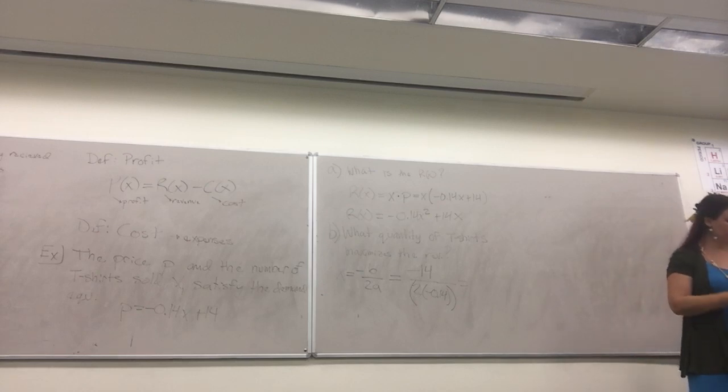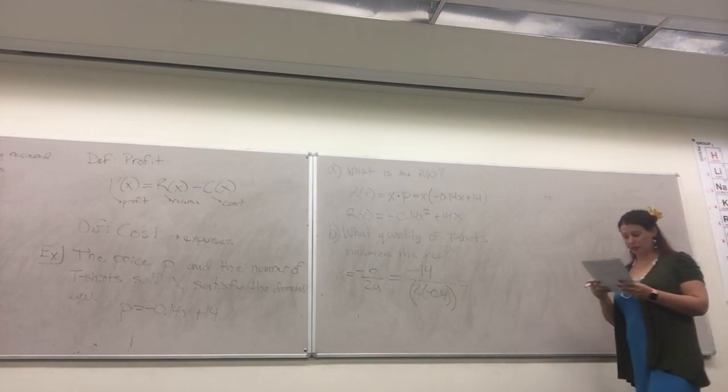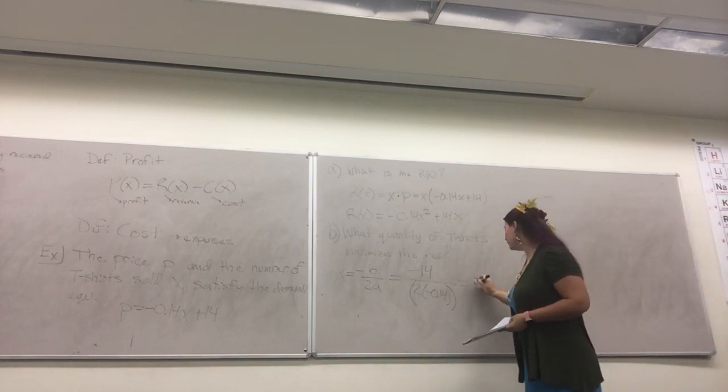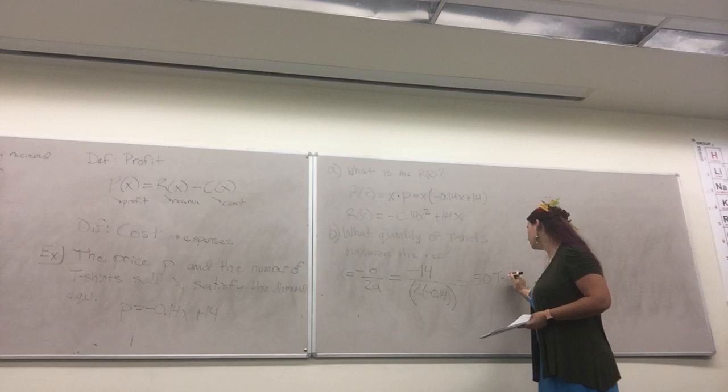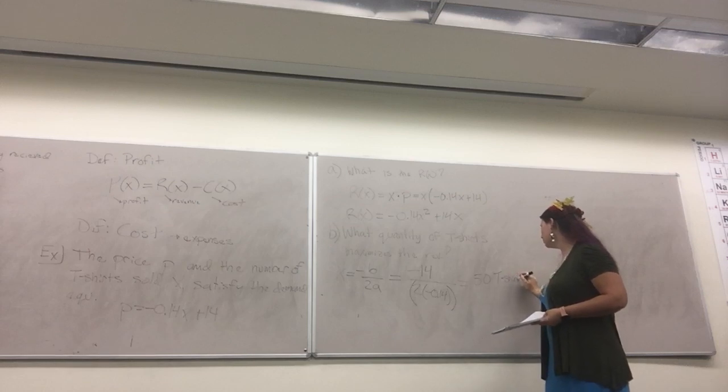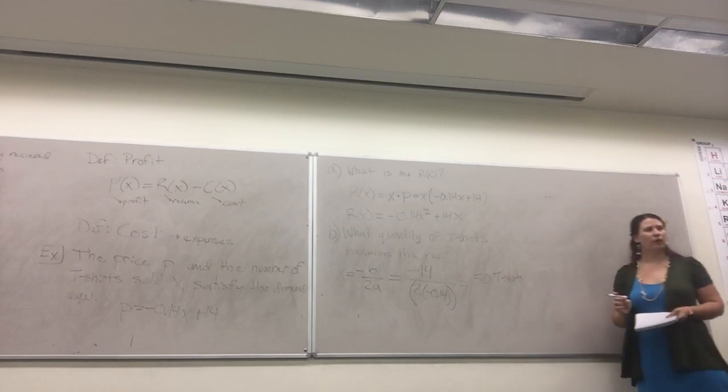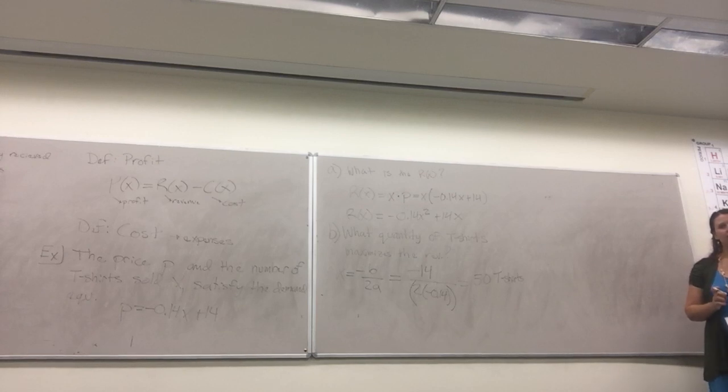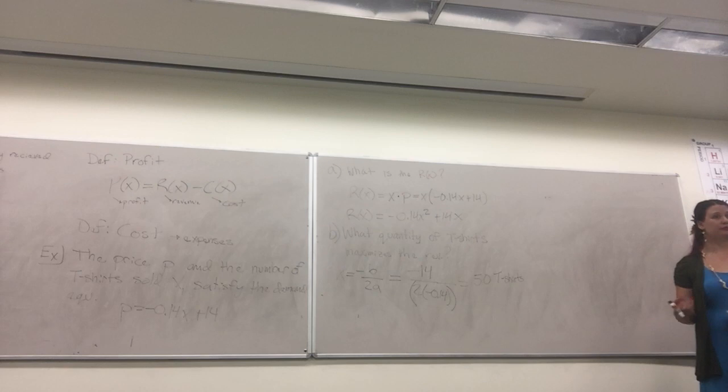Okay? So the answer there should be 50 t-shirts. So we have to sell 50 t-shirts to maximize the revenue.